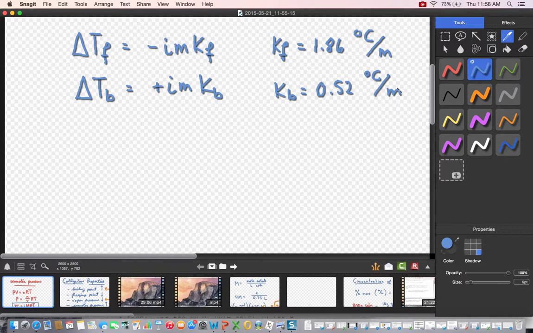The constants most certainly would. Finally, if I want to know how much the vapor pressure is going to be lowered, P is equal to the mole fraction of the solvent times the pressure of the pure solvent. This is better known as Raoult's law.